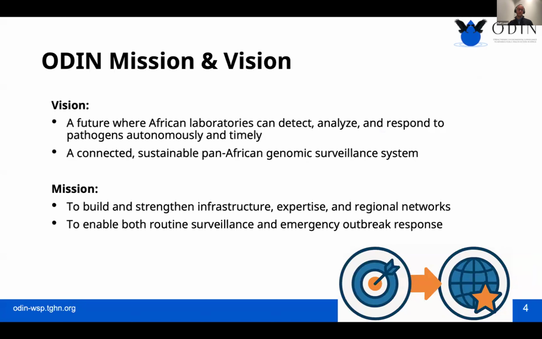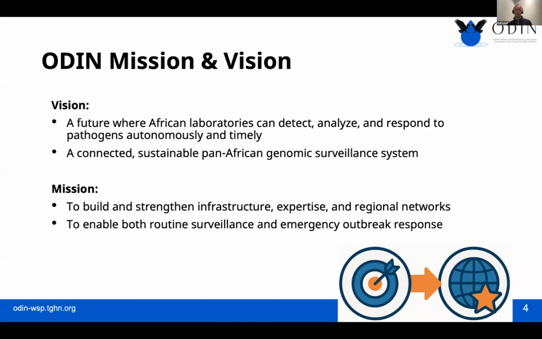So the vision may be a bit ambitious. It's simple though, but ambitious. We want to build a network of capable, connected laboratories across sub-Saharan Africa that autonomously can detect emerging pathogens. They can analyze data and respond in real time.